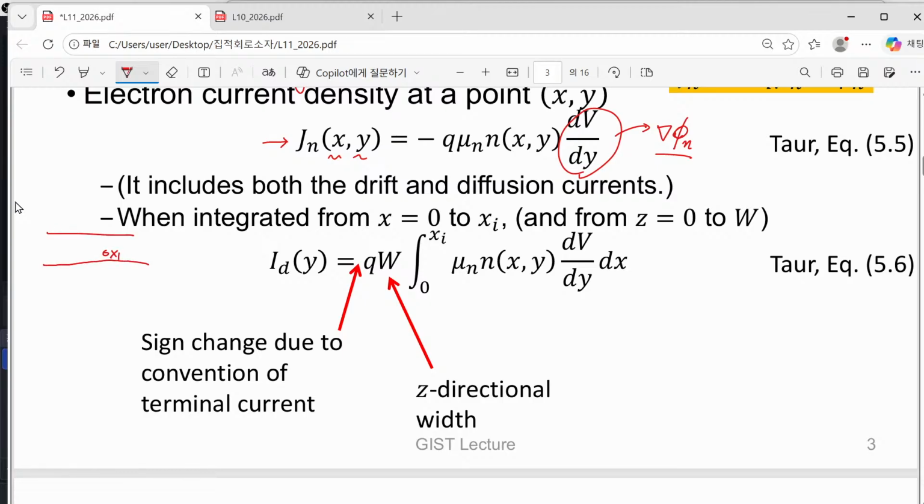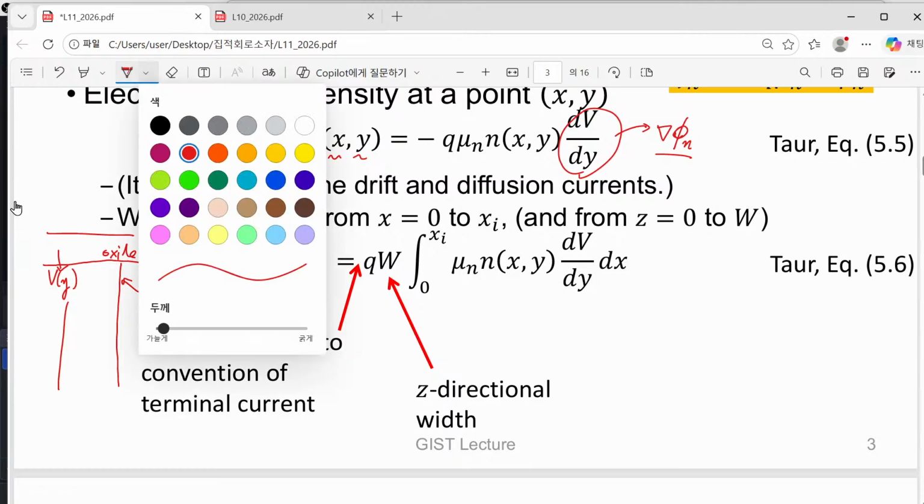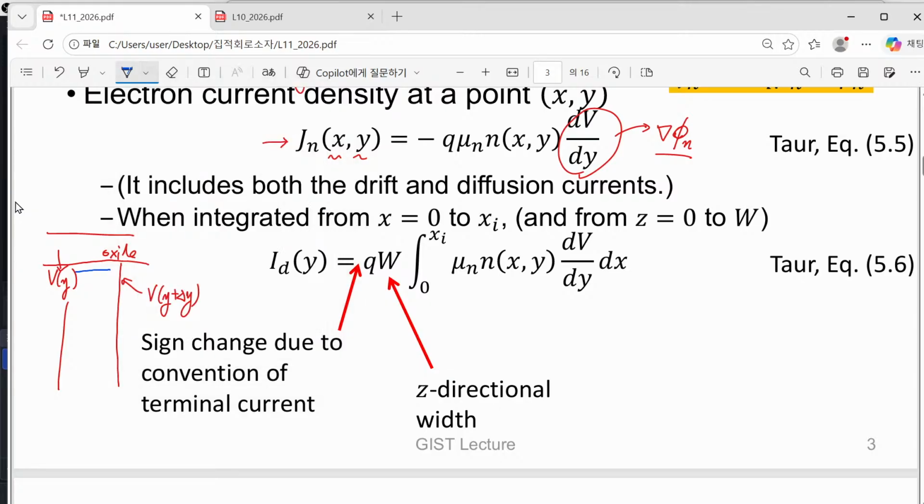Here we have oxide, and we have a certain V of y at this point, and another V of y at a slightly different position. Of course, we can expect that it is slightly higher. Then what we can say is there will be current, also here, and also here.